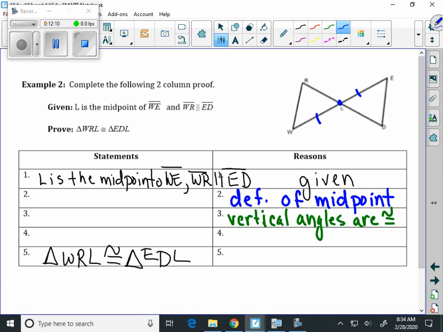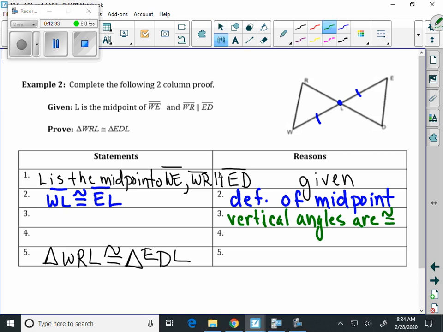L is right there in the middle of that, so we can say WL is congruent to EL. And I think technically I should be putting segment statements on there. Luckily it'll be a drop down box or a drag and drop box, so that'll already be in there for you. So we've got that marked up.